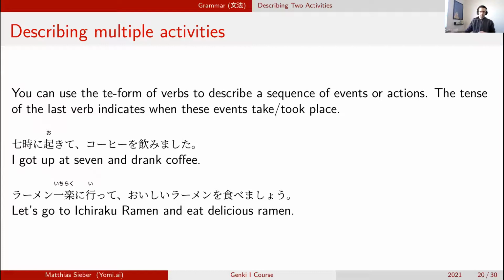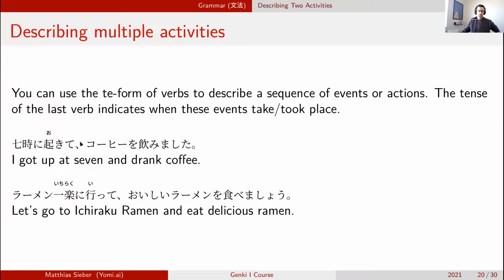So let's look at some of the examples on the slides that I put on here. 7時に起きてコーヒーを飲みました. 7時に起きます means I get up at 7 o'clock, right? And kohi o nomimasu means I drink coffee. But here, I combine both of those activities in the past tense. So this means I got up at 7 and drank coffee.